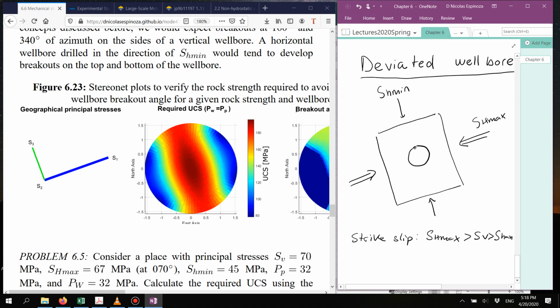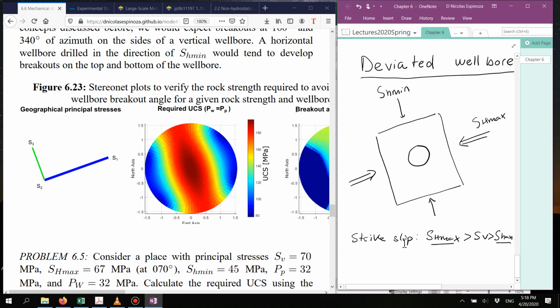The wellbore which is going to have the highest difference in stresses is going to be, in this particular case, a vertical wellbore, because it's the orientation that combines the maximum difference between stresses SH max and SH min.